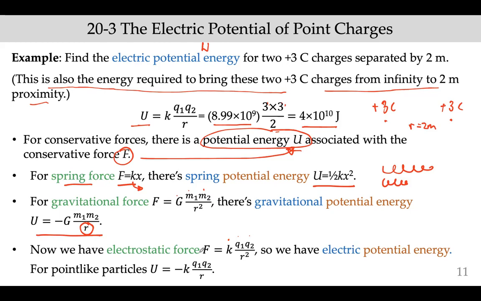Associated with that force, there is electric potential energy. For point-like particles, one here and the other here, with charges Q1 and Q2, this is the potential energy that we learned in the previous slide. Again, the difference between the force and the potential energy is basically in the denominator. As you can see, one of them is r squared, the other is r.